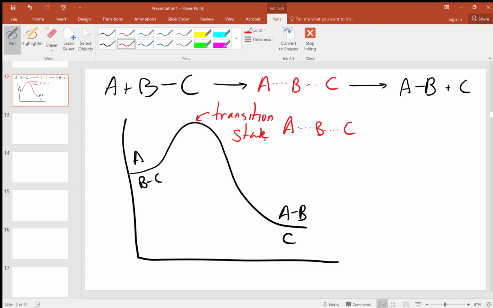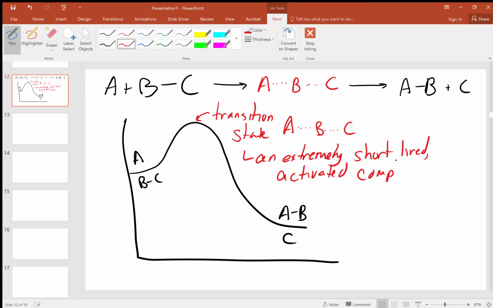So the transition state is an extremely short-lived activated complex at the top of the activation energy.